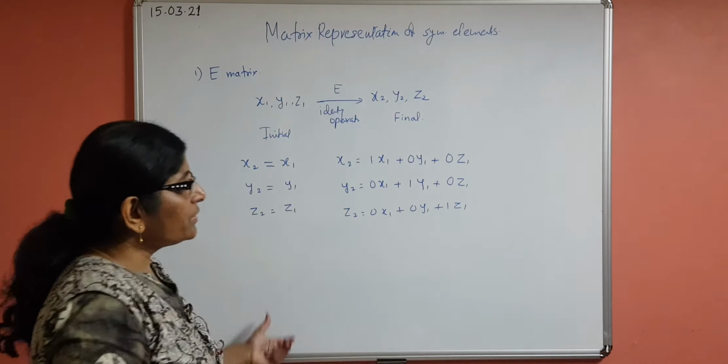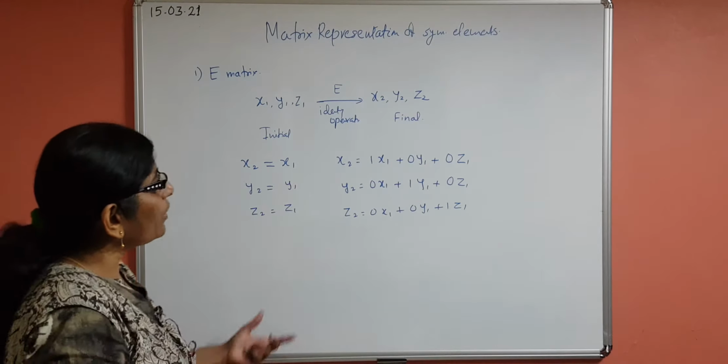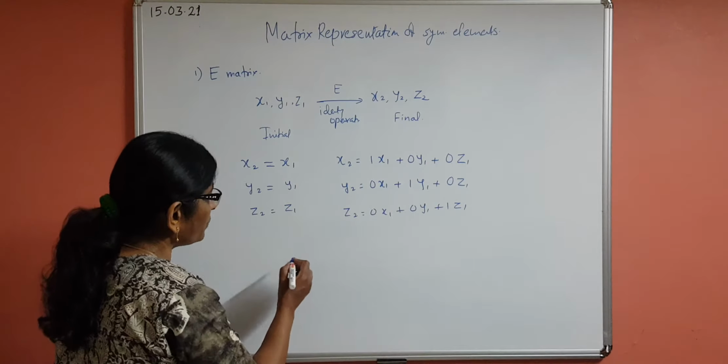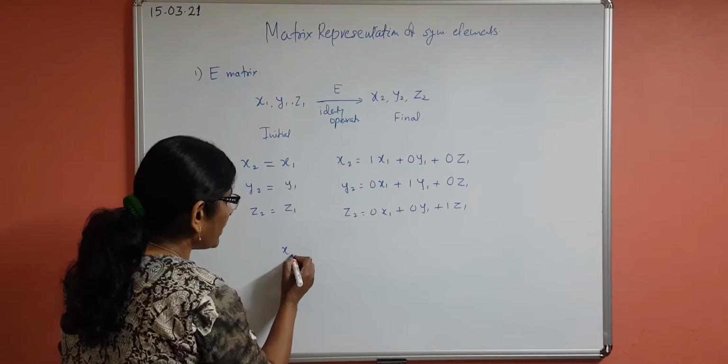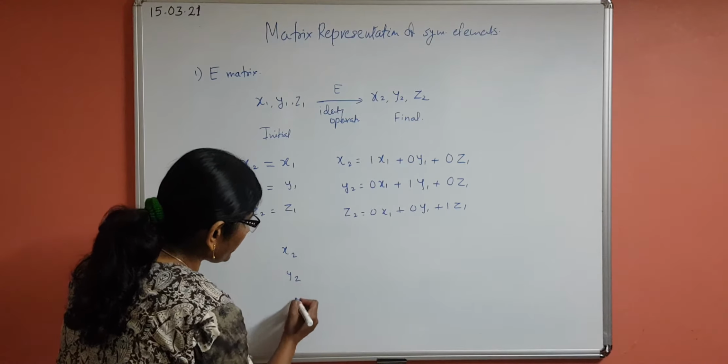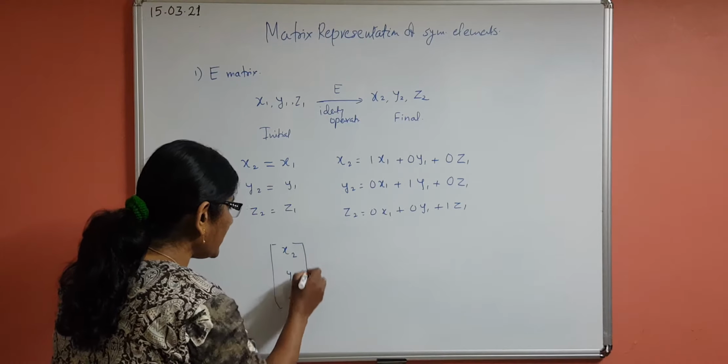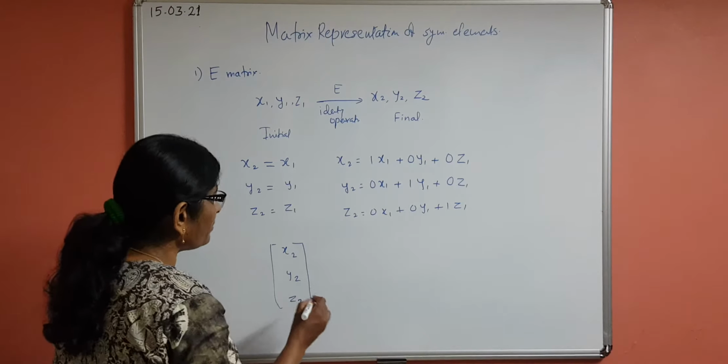This is after the operation, and if I have to write matrices for this operation, in one square bracket I write x2, y2 and z2. This is the style in which we represent a matrix.